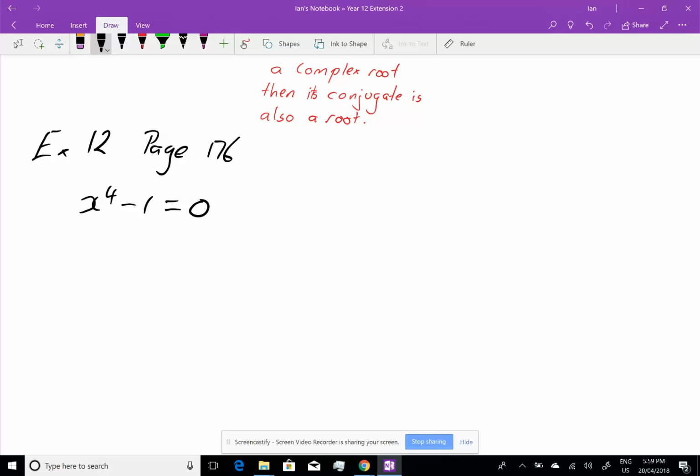Well, difference of two squares, too easy. x squared minus 1 is one factor, and x squared plus 1 is the other.